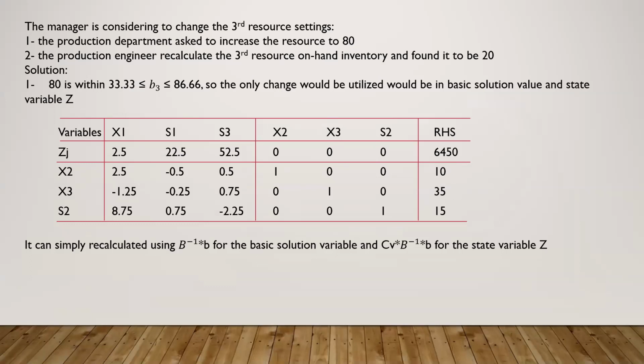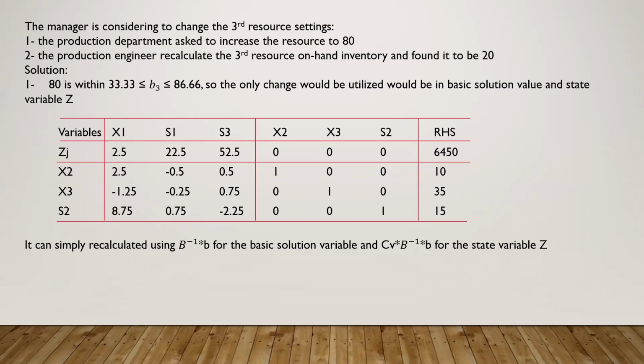For example, if I have decreased the machining hours, how many parts should I produce? Of course you should produce fewer parts. If I increase it, and it's still within the accepted range, then the number of parts should be increased, and this logic should be mirrored in the simplex algorithm.